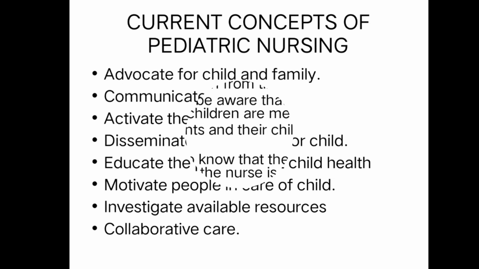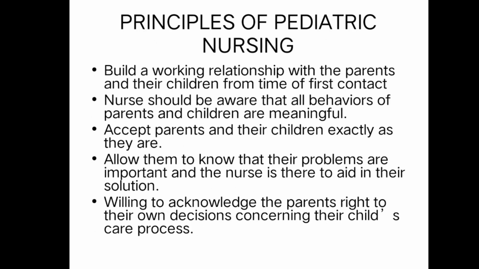So next we will see about the principles of pediatric nursing. So the first principle is building a working relationship with the parents and the children from the time of first contact. So when we receive the children and the family members, our nursing care starts by having a working relationship, that is a therapeutic relationship, with the family members and the child. Next, the nurse should be aware that all the behaviors of the parents and child are meaningful.